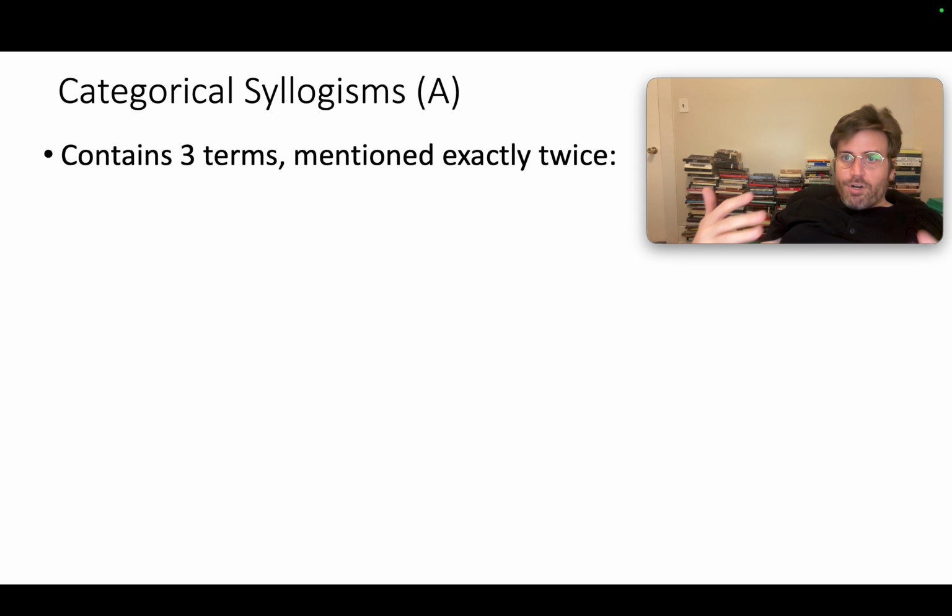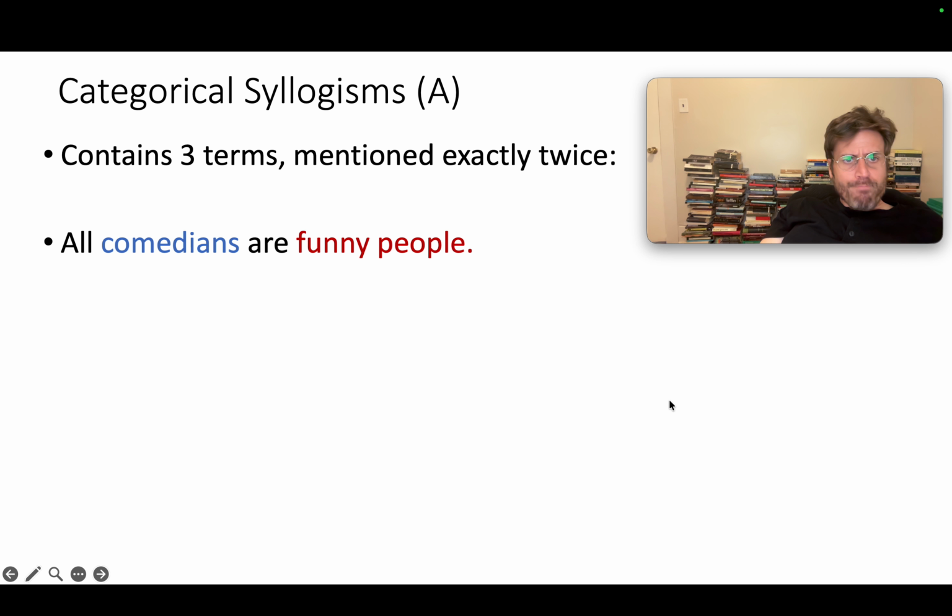We have 3 terms that occur 2 times. All right, you probably picked up on that in our example just given. 3 terms appearing twice. So there's a repetition of 3 different terms. So you can always count on that for every categorical syllogism you'll see. So if we look at our example again, I've highlighted the class terms in terms of their repetition.